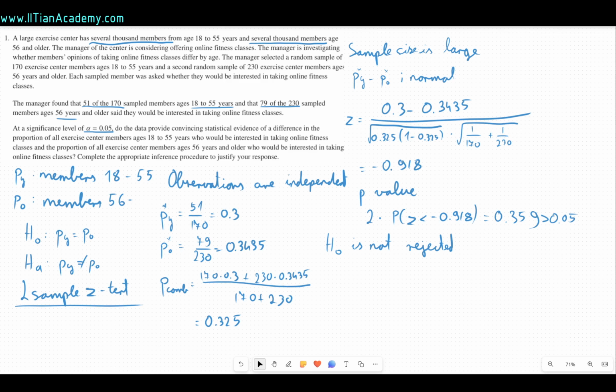The results do not provide any significant statistical evidence that there's a difference in the preference. So it's not rejected, so we accept the null hypothesis. What we see is that their preference is the same. So according to the z-test, the preference of the two groups we have broken up into is going to be the same.